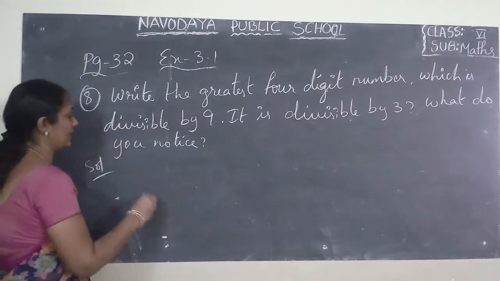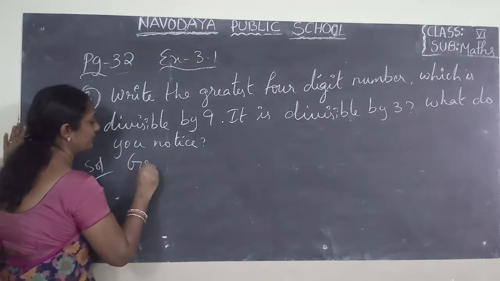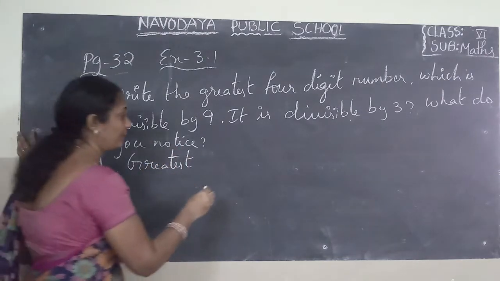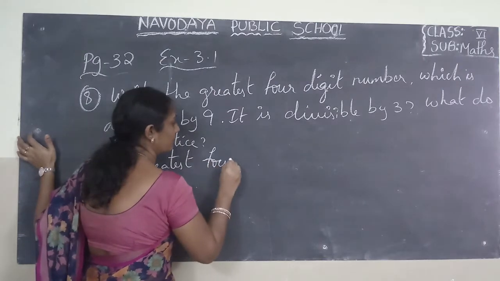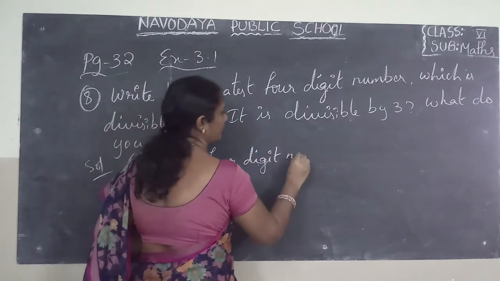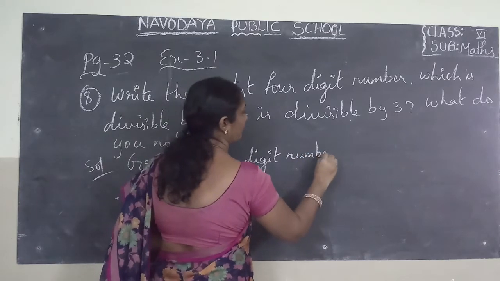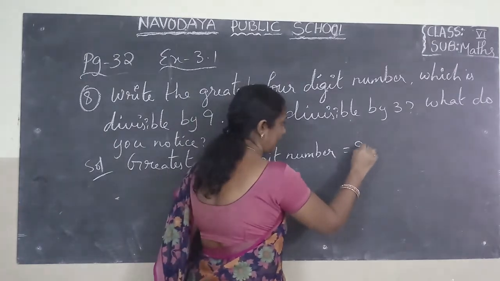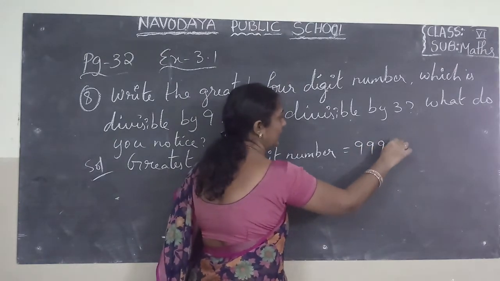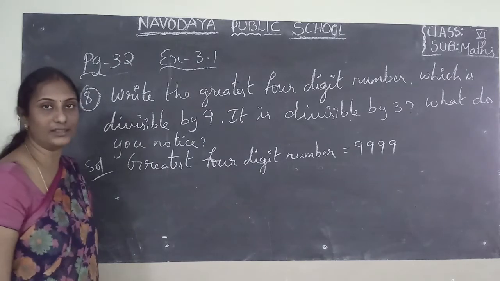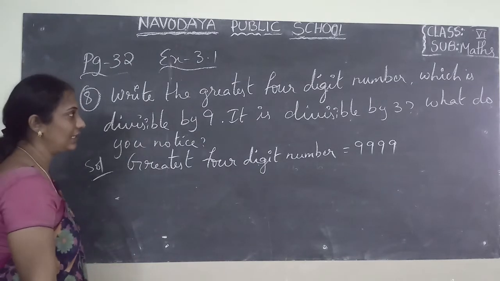Okay, now let us see. Greatest four-digit number. Greatest four-digit number, how much? 9,999. The greatest four-digit number is equal to 9,999.